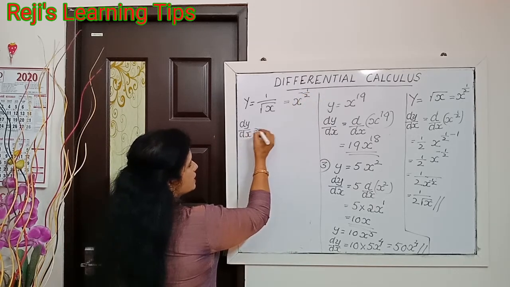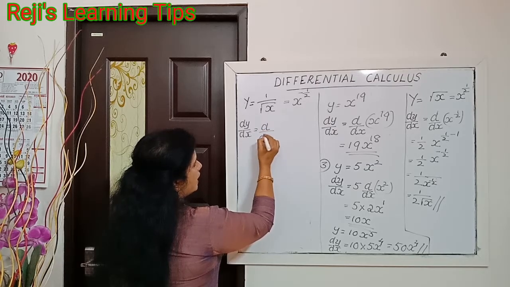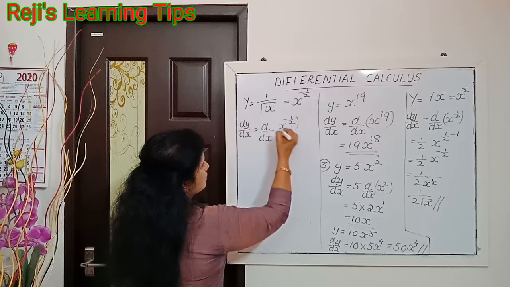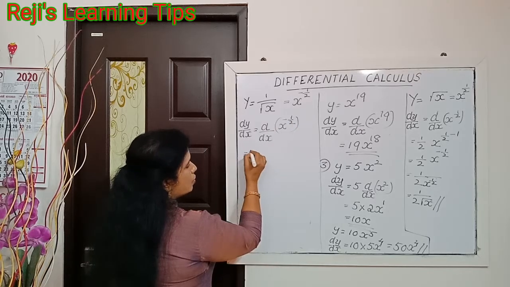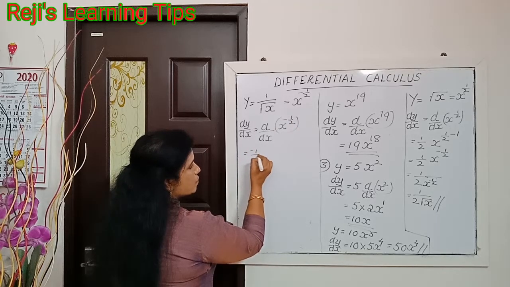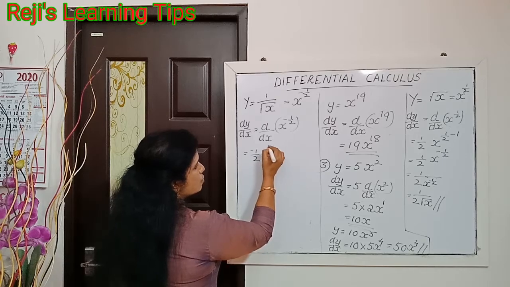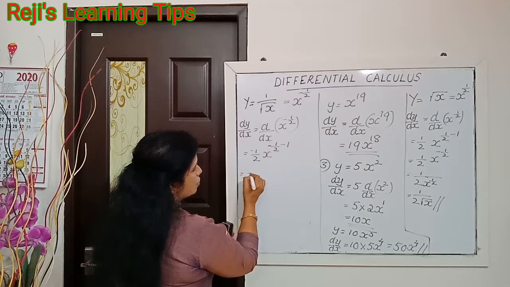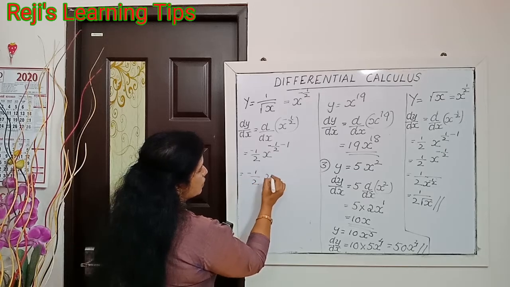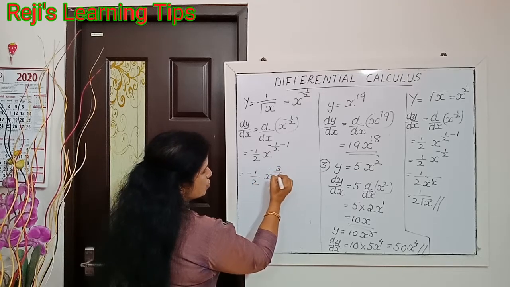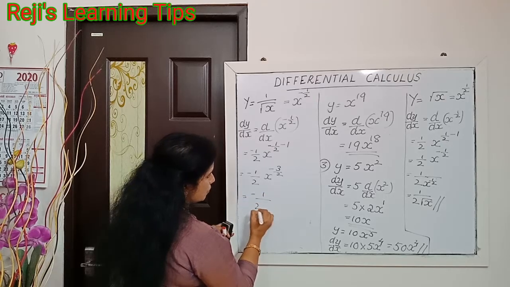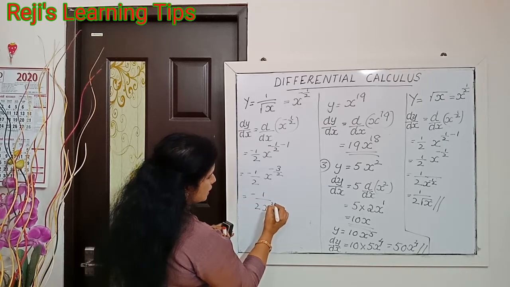So dy by dx is equal to d by dx of x raised to minus 1 by 2. That is equal to minus 1 by 2 into x raised to minus 1 by 2 minus 1. That is equal to minus 1 by 2 into x raised to minus 3 by 2, that is minus 1 by 2 x raised to 3 by 2 in the denominator.